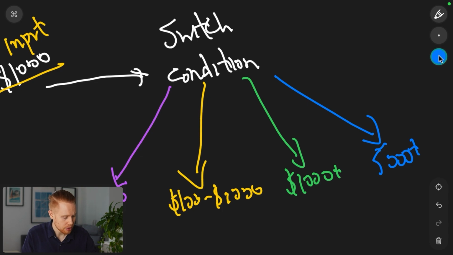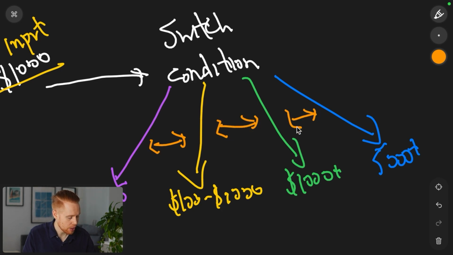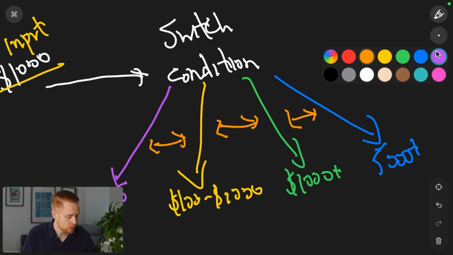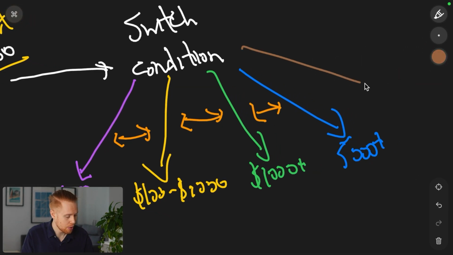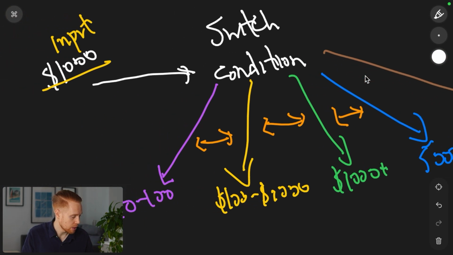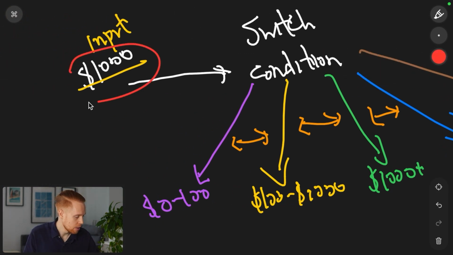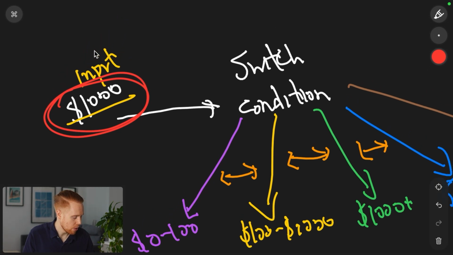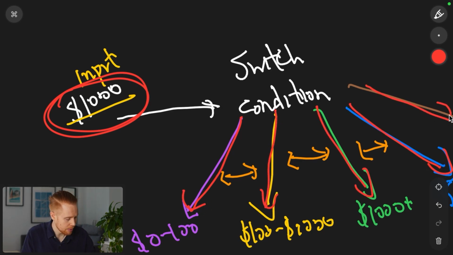Essentially with a switch statement, only one of these can be true at the same time, you can't have multiple paths that are true at the same time. What a switch statement will do is find the first right path. Let's say we have another path down here, which is, again, exactly $1,000. We get our particular input here, and we're checking which of these routes it matches. Does it match A, B, C, D, or E? It's going to go down, and it's not 0 to 100.